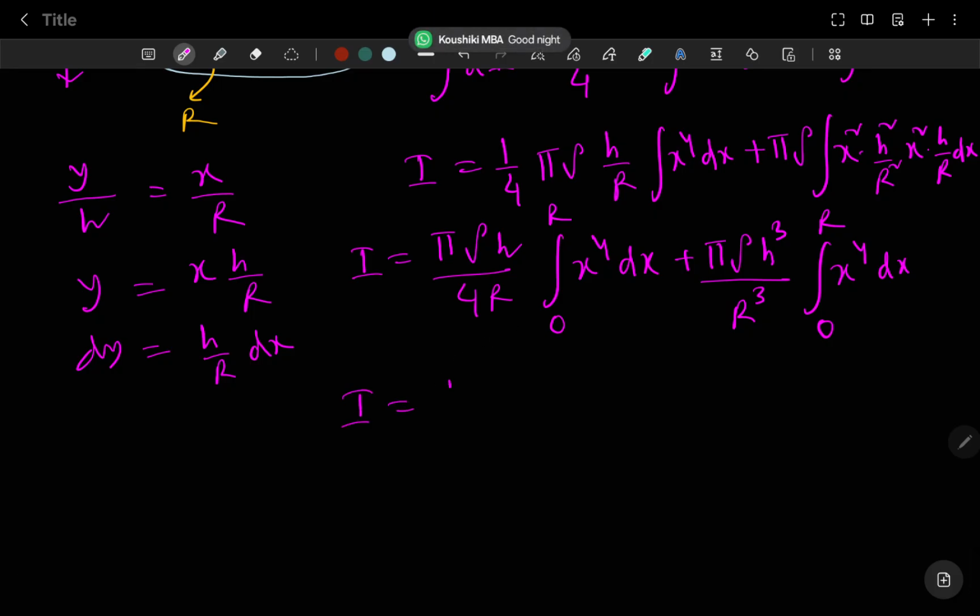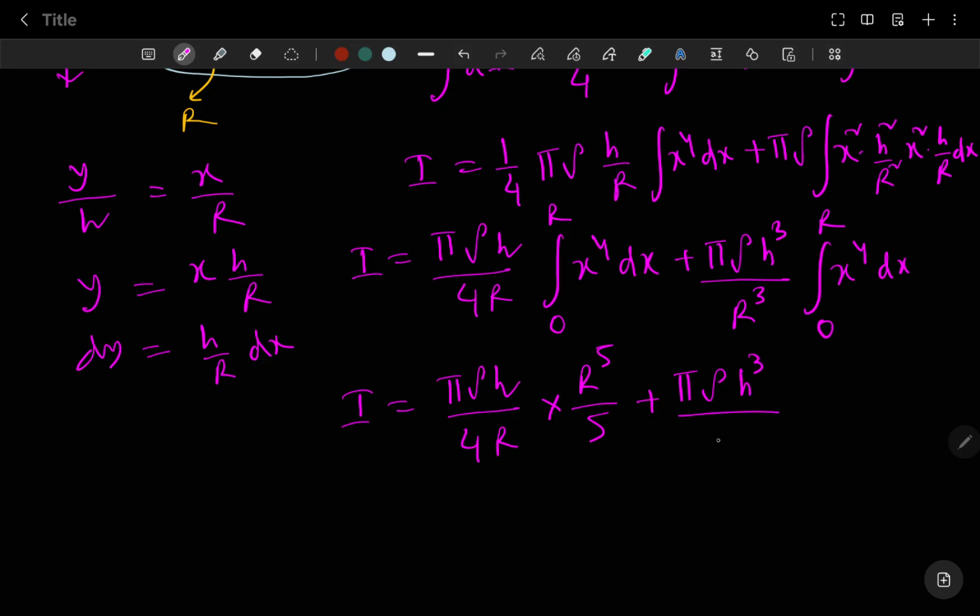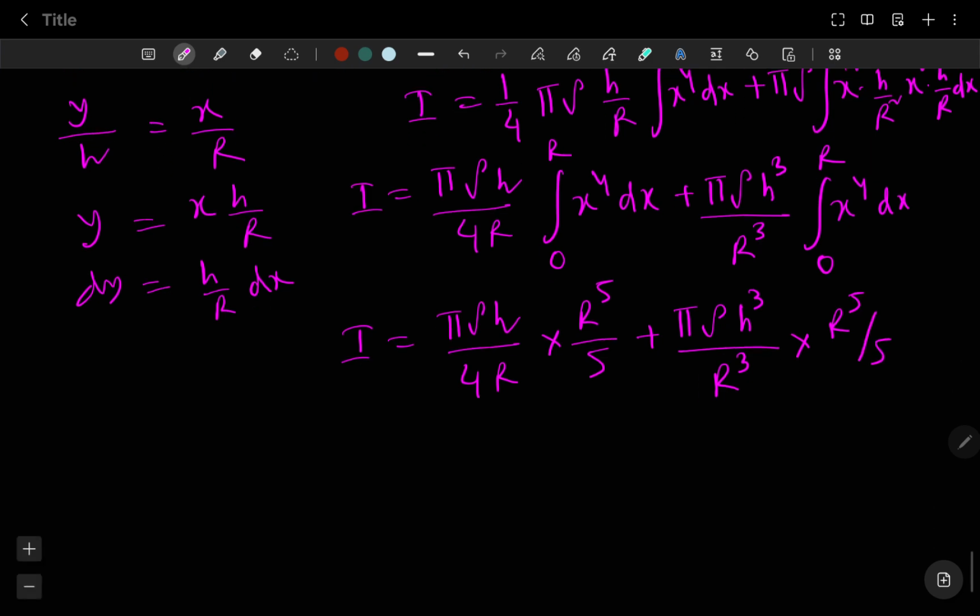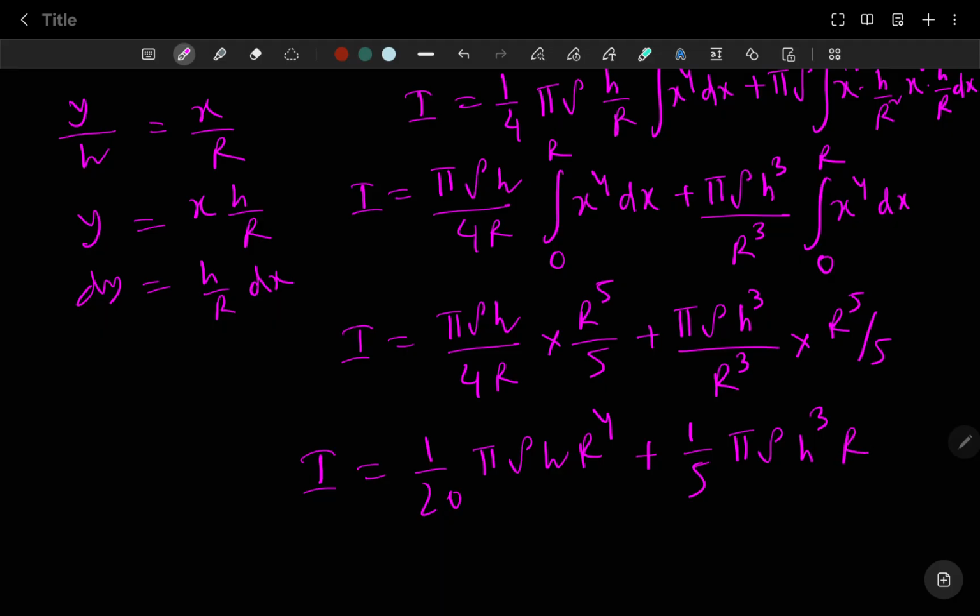So it will be pi rho h by 4r into r⁵ by 5 minus 0 lower limit, plus pi rho h cube by r cube, which also becomes r⁵ by 5. So ultimately what you are getting is 1 by 20 pi rho h r⁴ plus 1 by 5 pi rho h cube r square.